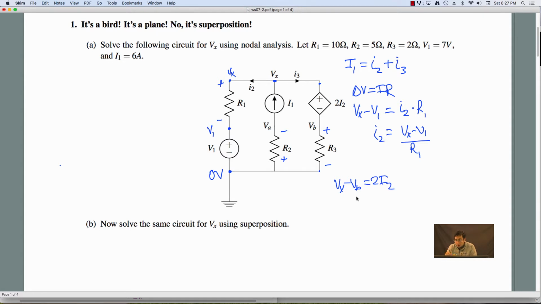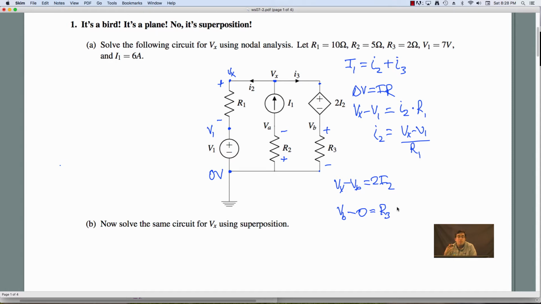Furthermore, we can express Vb using Ohm's law: Vb minus 0, because this node is grounded, is equal to R3 times the current flowing through the resistor. And here the current flowing through this resistor is actually I3.